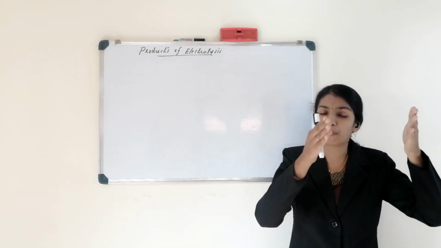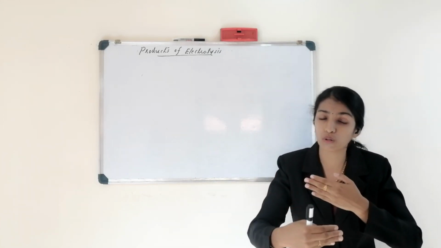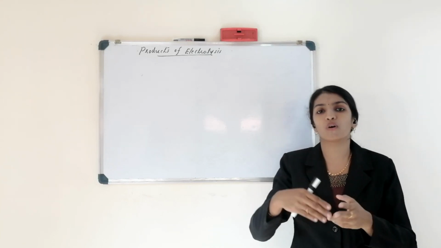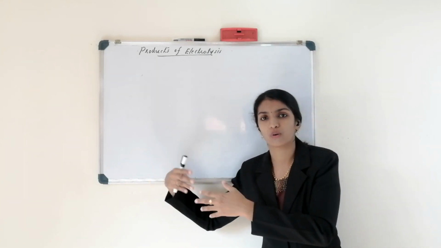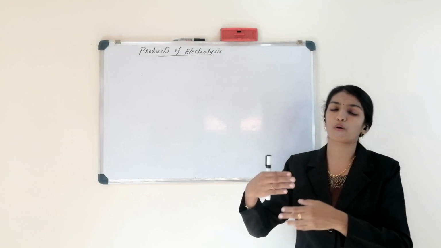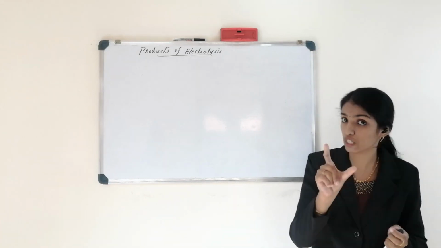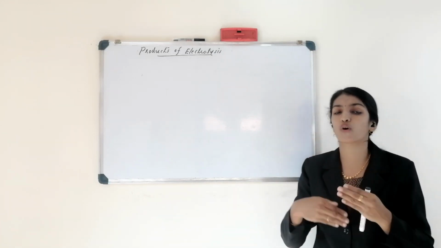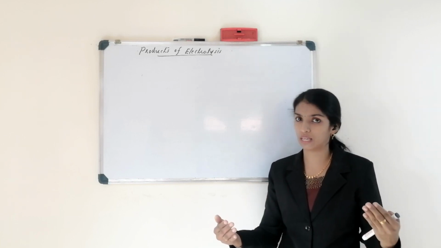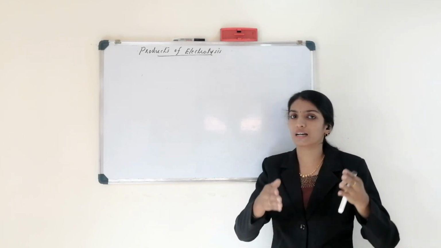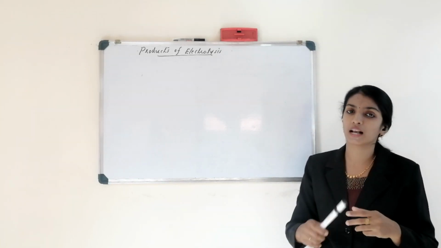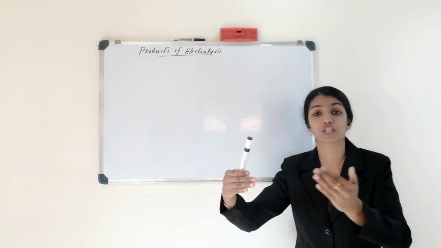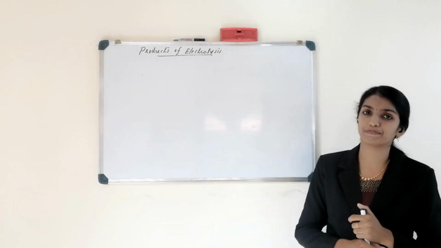So whether we use an inert electrode or a reactive electrode, the product of electrolysis varies. So the first factor on which the product of electrolysis depends is the nature of the electrodes that we are using. If it is inert, it does not take part in the chemical reaction. If it is reactive, it furnishes ions into the solution.